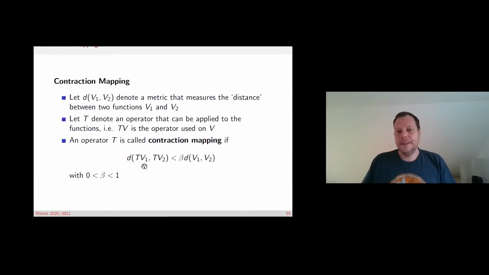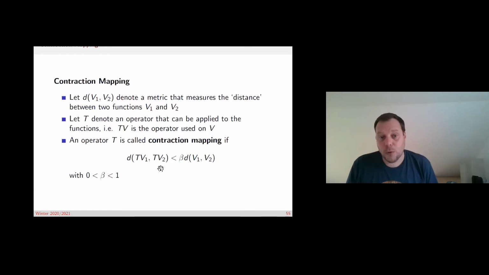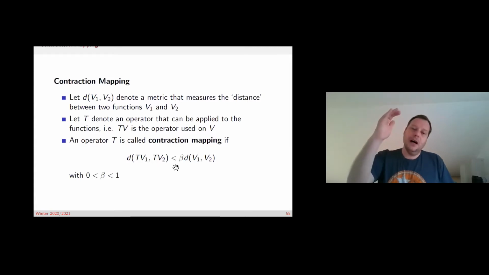So it's v1 and v2, and you have a distance measure, whatever that might be, which basically measures the distance between those two functions. And what you would like to have is an operator such that if you apply this operator to any of the two functions, this distance decreases.